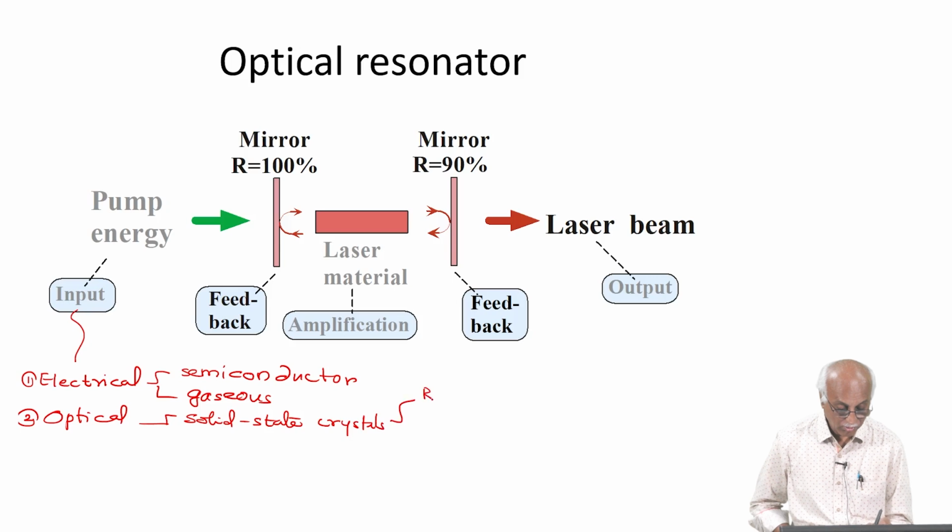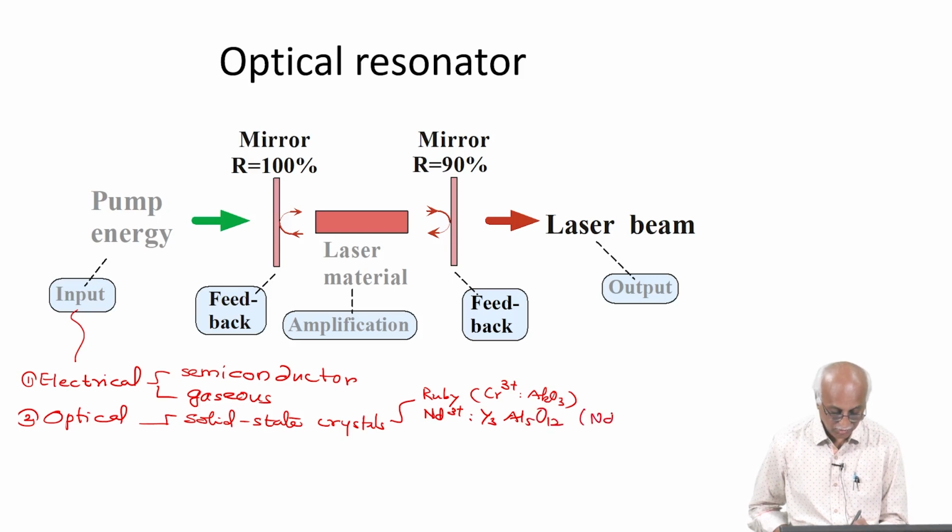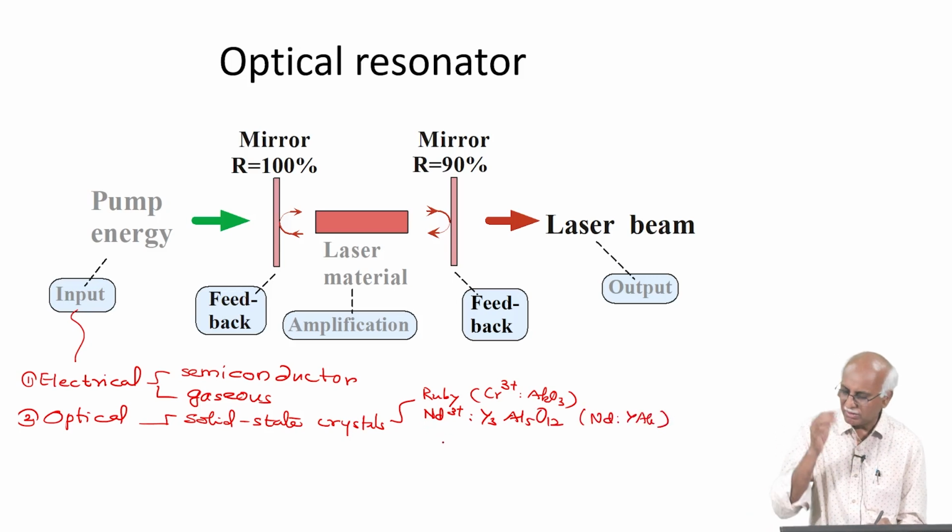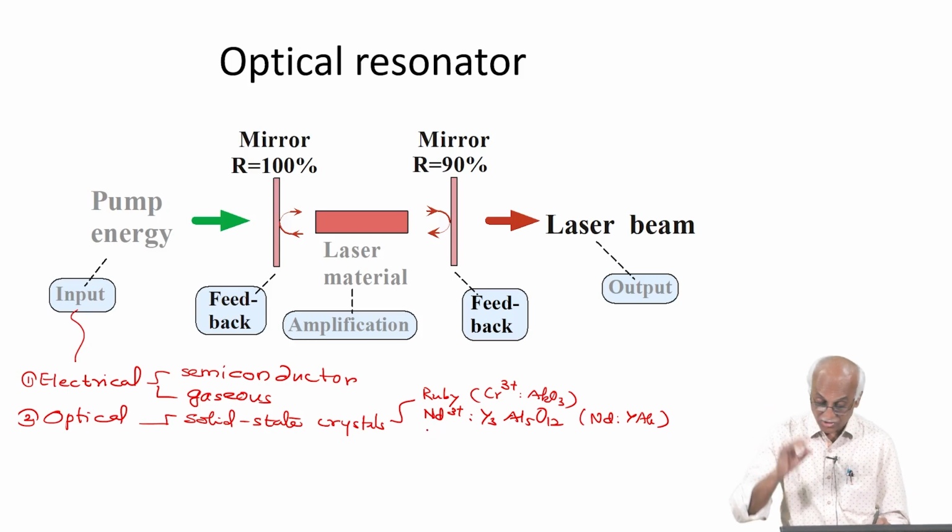As simple as ruby, which is chromium doped sapphire, or neodymium doped yttrium aluminum garnet, this is Nd:YAG, it is known as Nd:YAG laser also. There are many such crystals available.